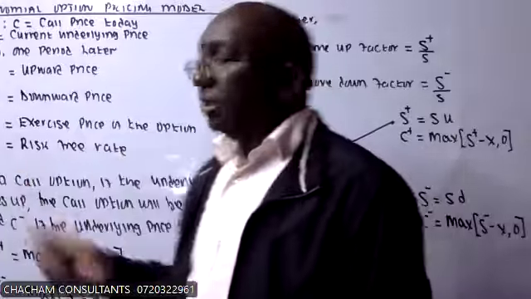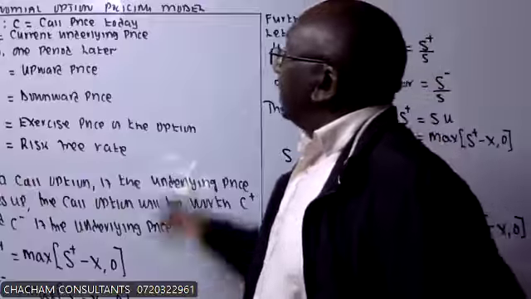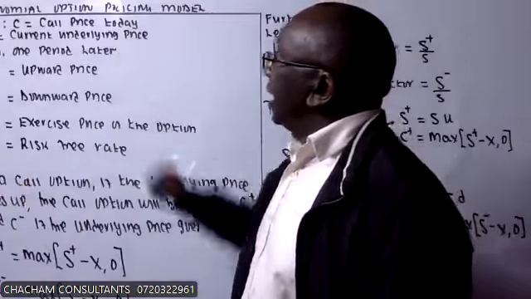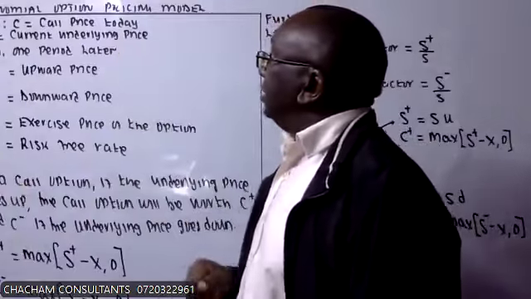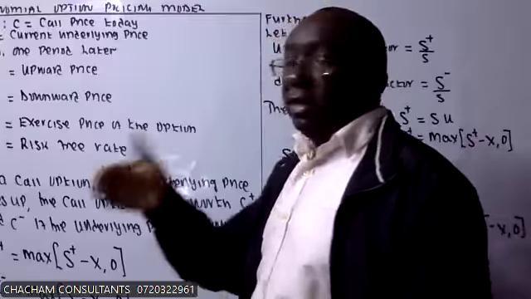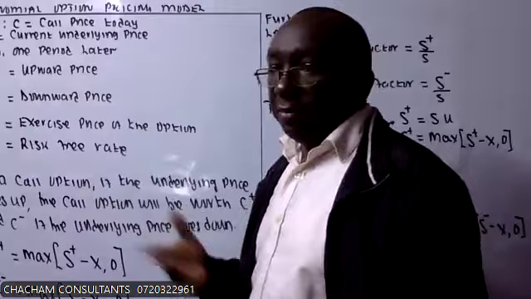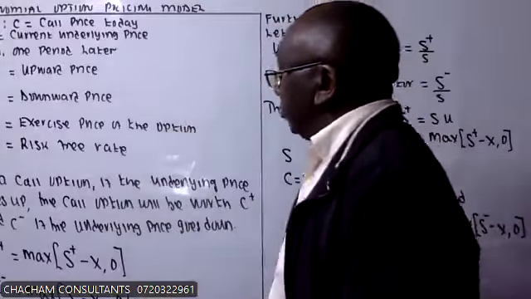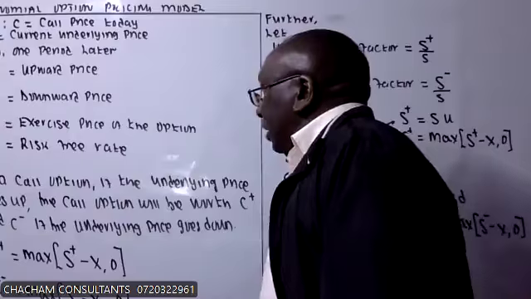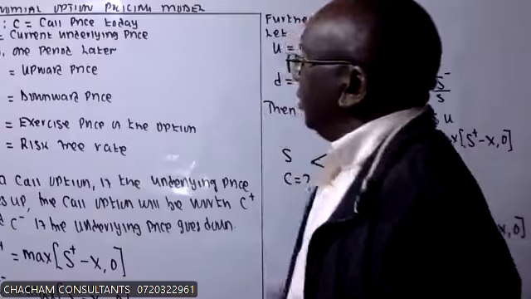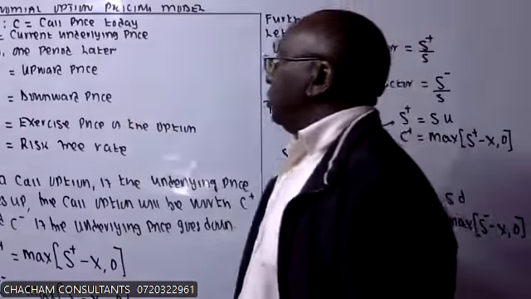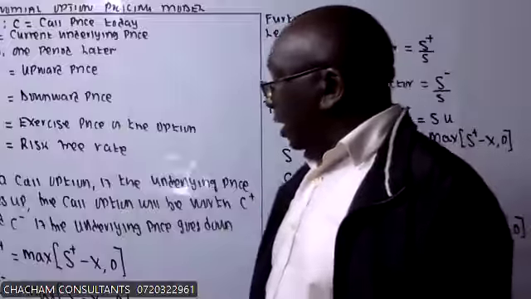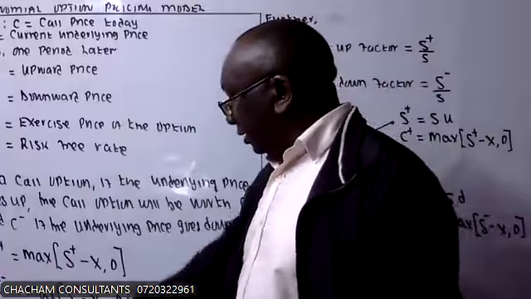The same concept. So if right now the underlying is S, the call price is C. One period after now, the S plus when we go up and the S minus when we go down will make our call options to be valued like this.